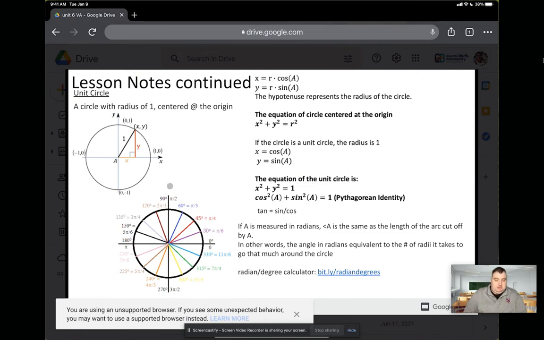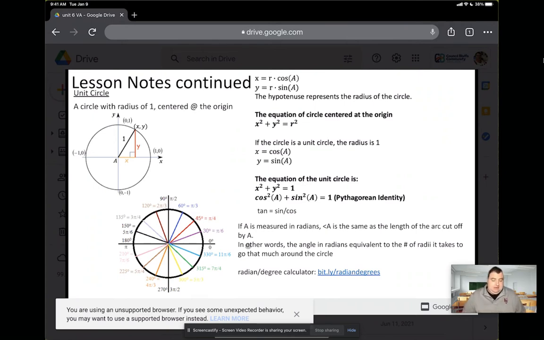The point directly up from center is going to be 90 degrees or pi over 2 radians. Directly to the left of center is going to be 180 degrees or pi radians. Directly down from center is going to be 270 degrees or 3 pi over 2 radians. And then when we get back to where we started, that's going to be 360 degrees or 2 pi radians.